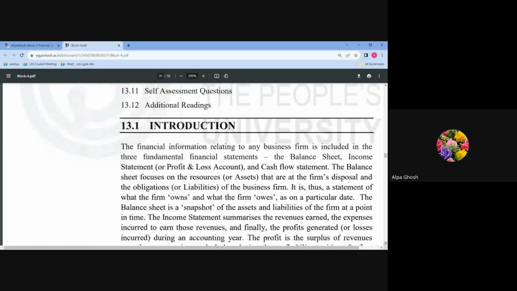We will not go with the introduction part. It is simple. The data for calculation of ratios will be extracted from the balance sheet, profit and loss account, and cash flow statement. Again, I repeat, the figures for calculating the ratios will be extracted from the balance sheet, profit and loss account, that is income statement, and cash flow statement.